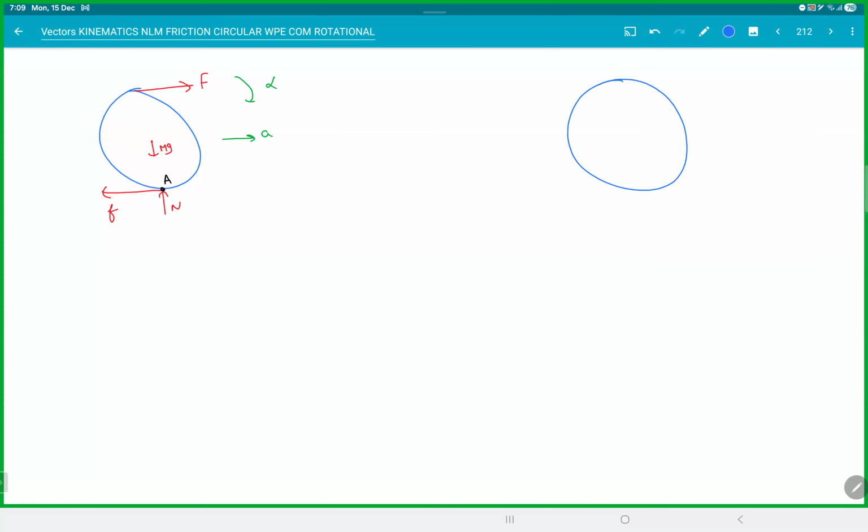Let's say you have a sphere, in this case. What is the acceleration of point A? Or let me ask you this: is the acceleration of point A zero? Or, is the acceleration of the point in contact with the ground always zero?